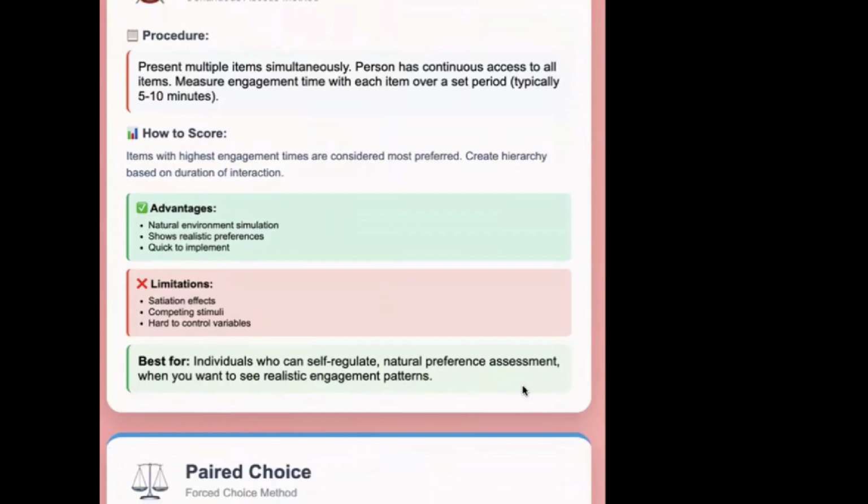It's natural and shows realistic preferences, and it's quick to implement. Sometimes there can be a satiation effect and competing stimuli. It can be hard to control the variables, but I do think that it is best for individuals who are younger or maybe have a hard time making choices or relinquishing control of an item.